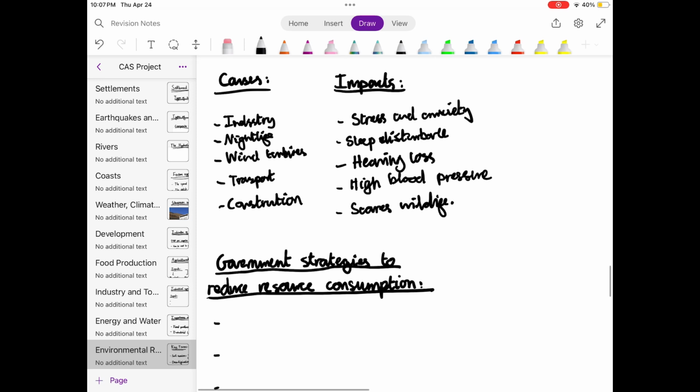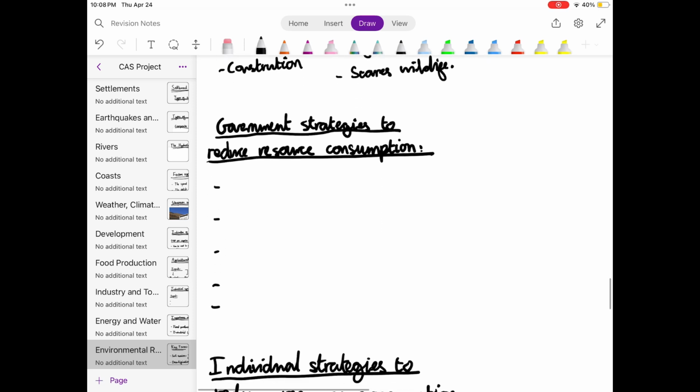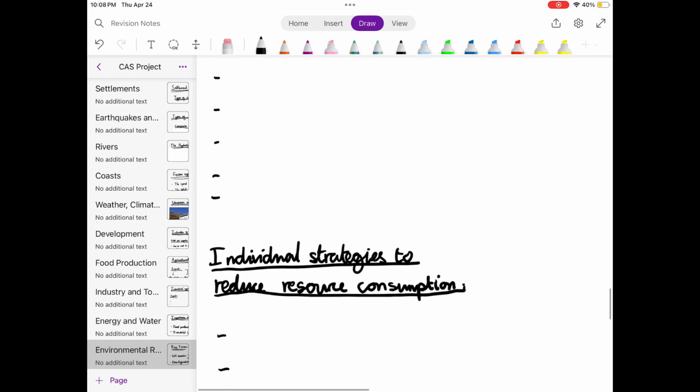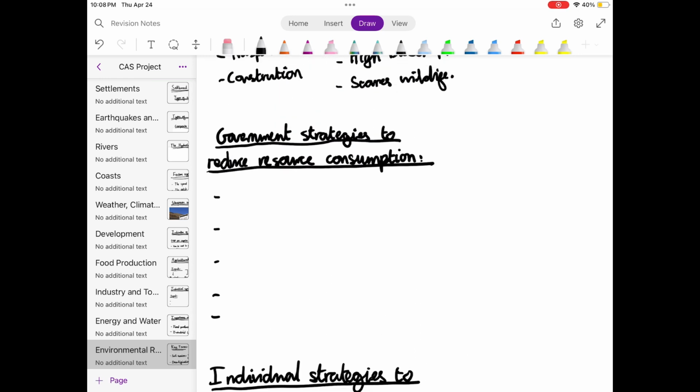Okay, so now we're going to be looking at resource consumption and the government strategies and individual strategies that can be used to prevent resource consumption. So some government strategies are to install solar panels, and this can be done on buildings.